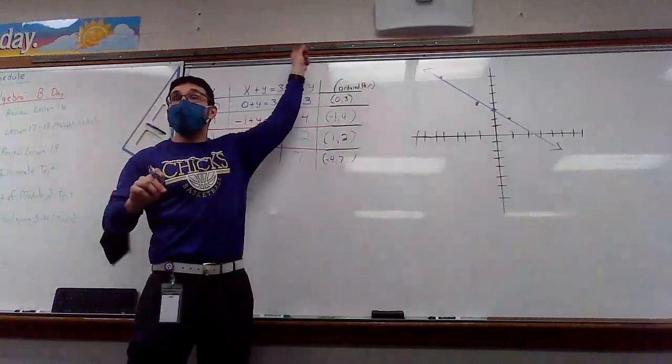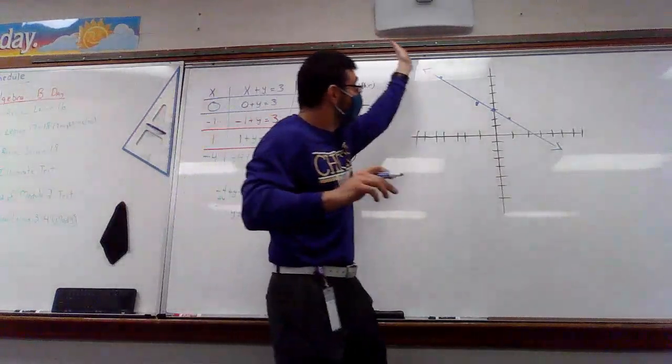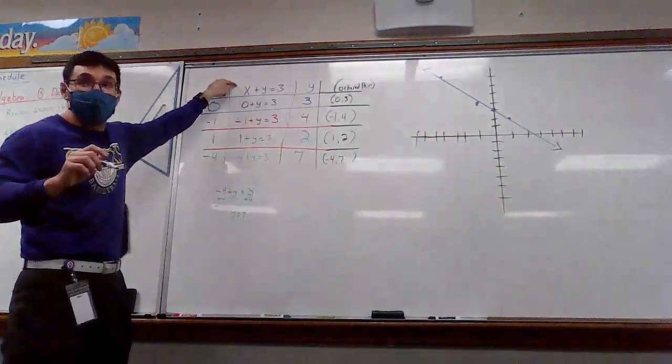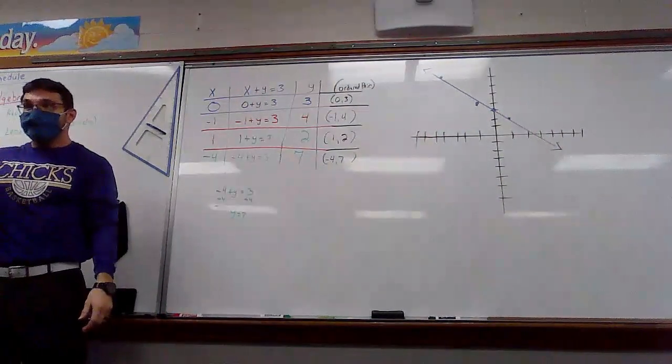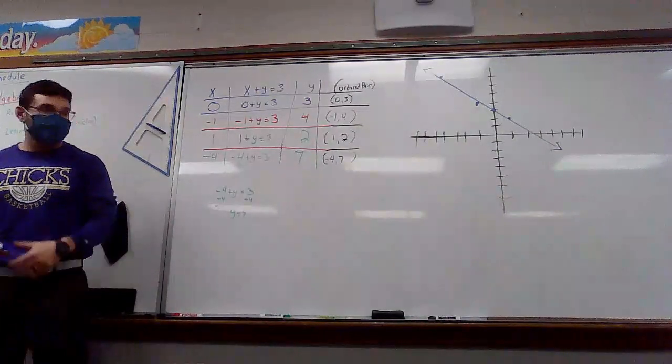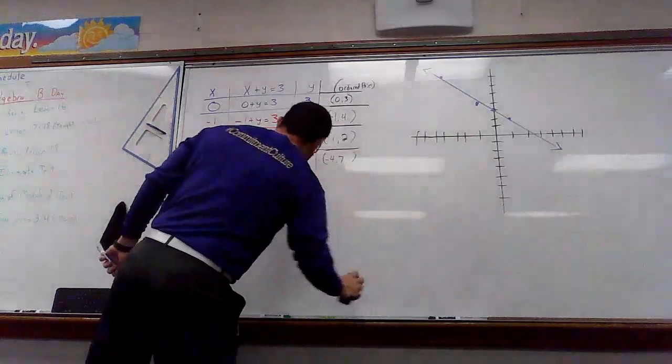That line means it goes forever. That's part of the solution. Everywhere this line touches is a solution to this equation. Question so far? Okay, so now we're going to go to that separate sheet of paper.